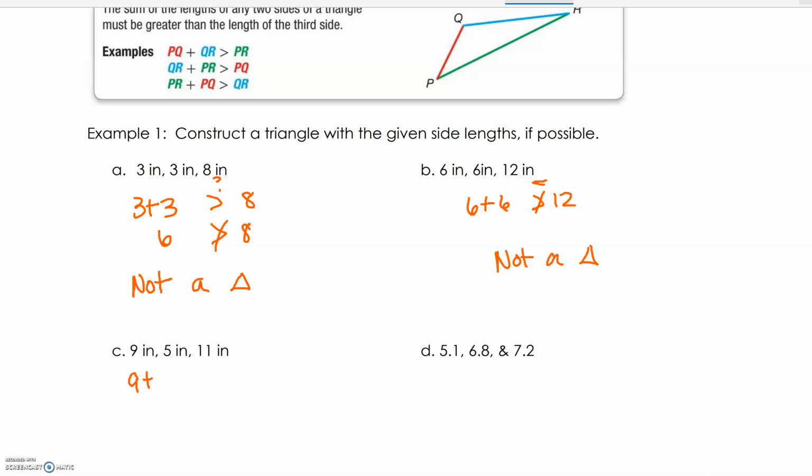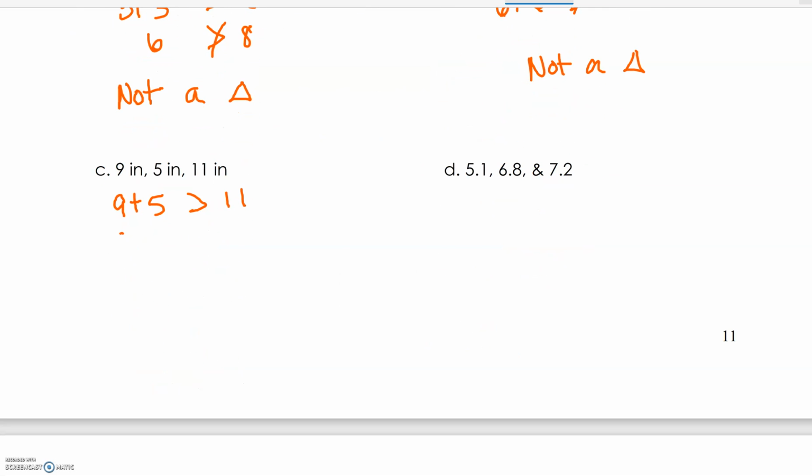So then I would take 9 plus 5, and see if it is greater than 11. I would make sure my other sides work too: 5 plus 11 is greater than 9, and I would add 9 and 11 and see if it's greater than 5. And if it checks out, yes, 14 is greater than 11, yes, 16 is greater than 9, and yes, 20 is greater than 5, then yes, it's a triangle.